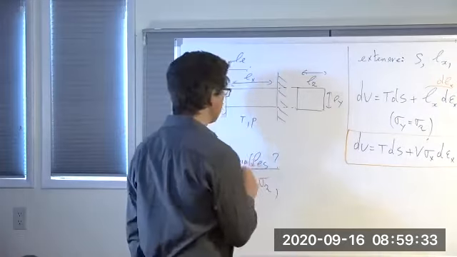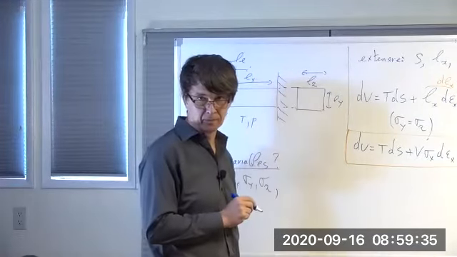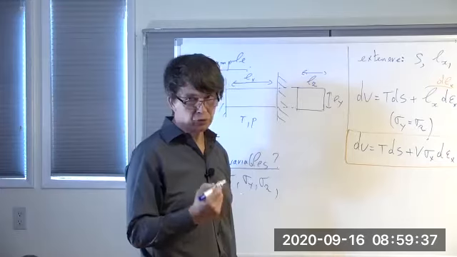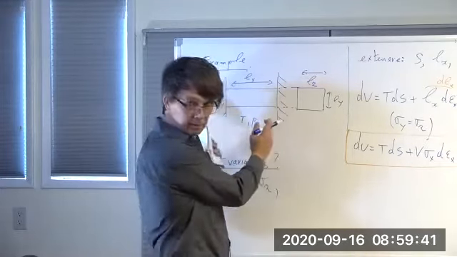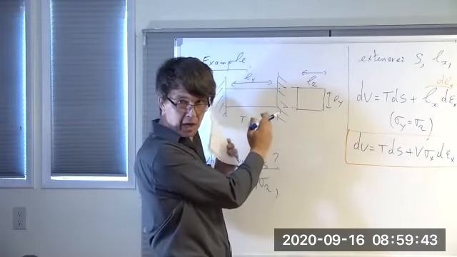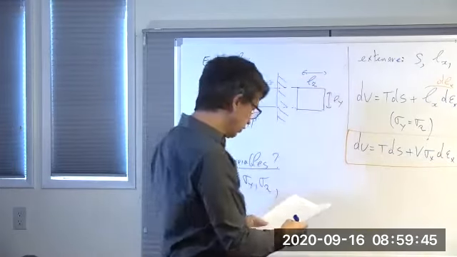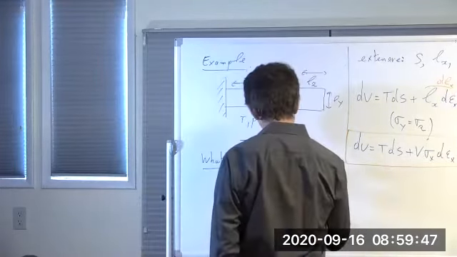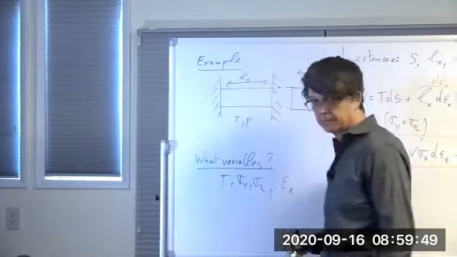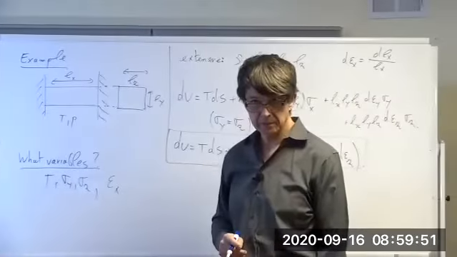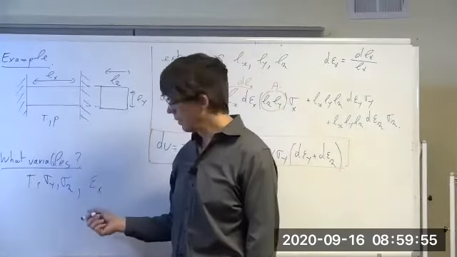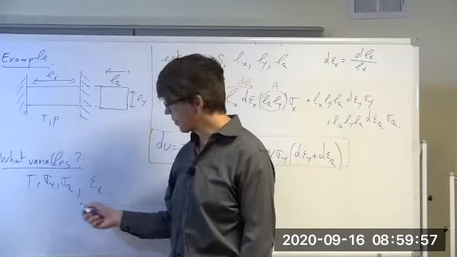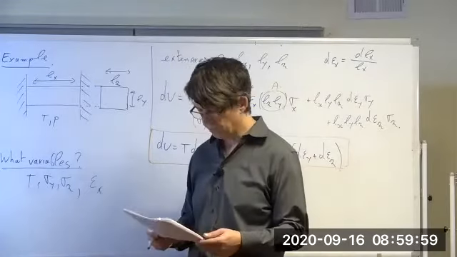What do I control in the x direction? In the x direction, I do not control the stress. I control the length, right? Depending on where I set my walls. So the control variable in the x direction is epsilon x, right? So I have these twisted boundary conditions, right? That in two directions I control the stress, in the other direction I control the strain.